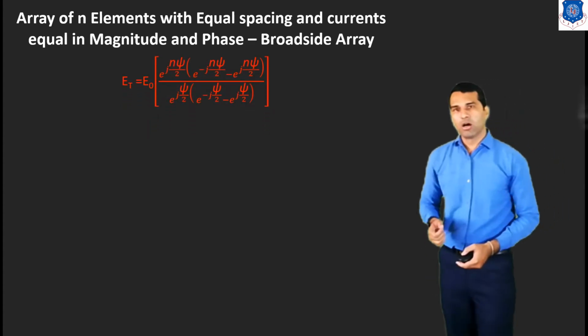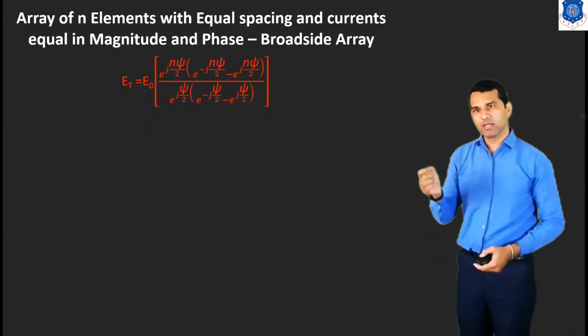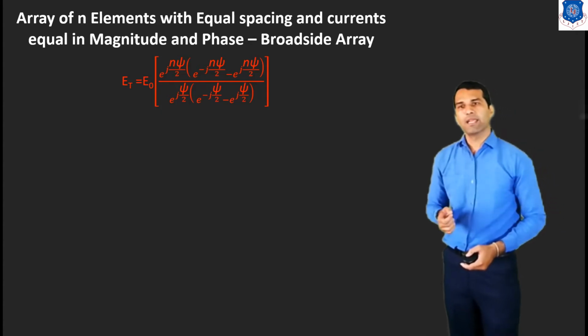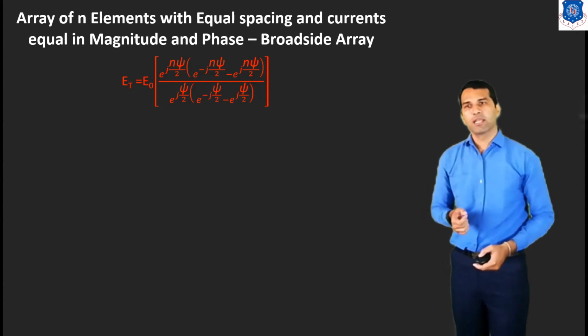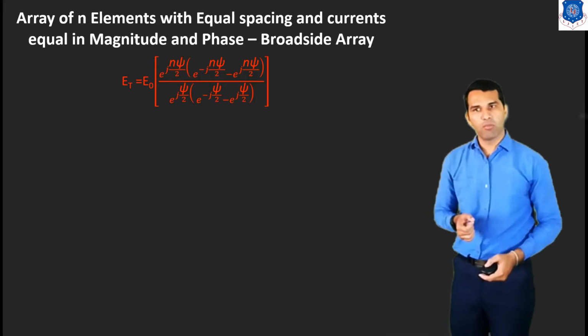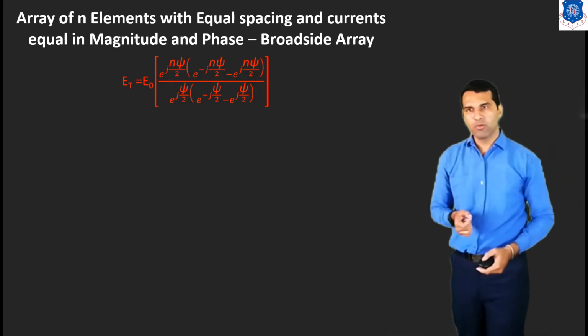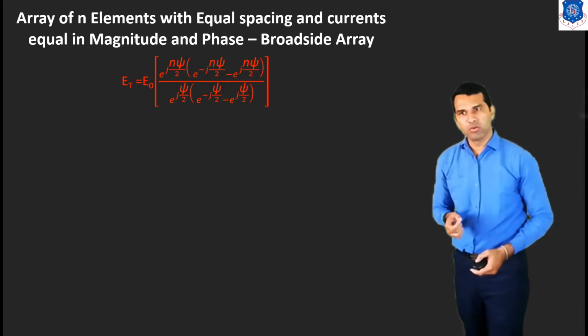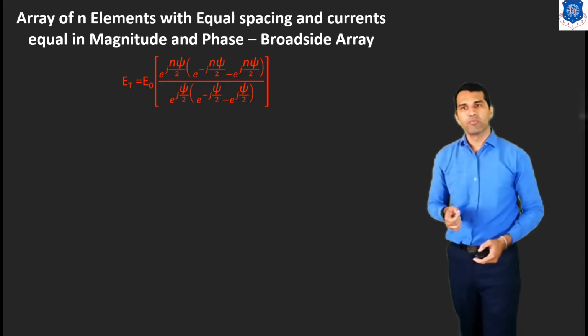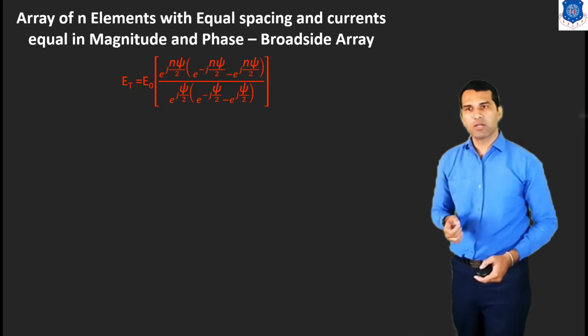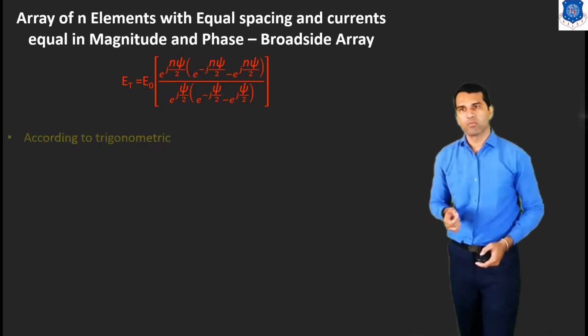Now to further analyze, we solve this equation. In Et, we take e raised to j n psi by 2 as common. So in the bracket term, e raised to minus j n psi by 2 minus e raised to j n psi by 2, upon e raised to minus j psi by 2 minus e raised to j psi by 2.